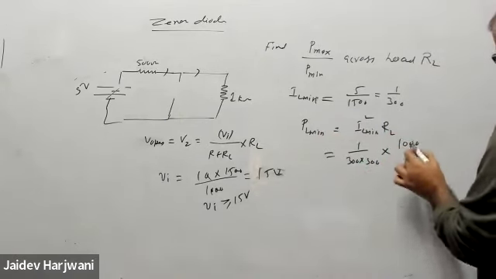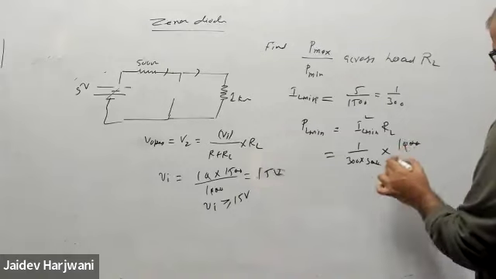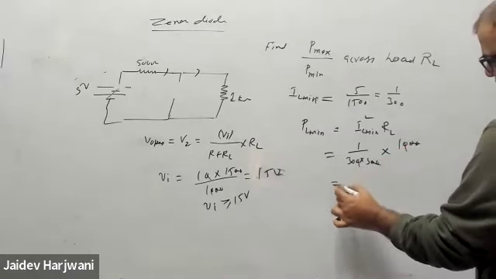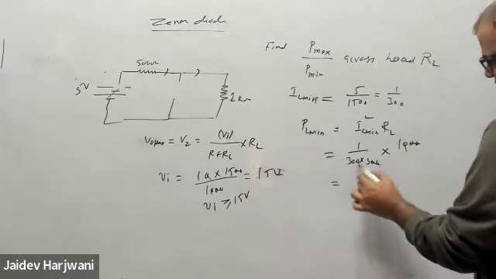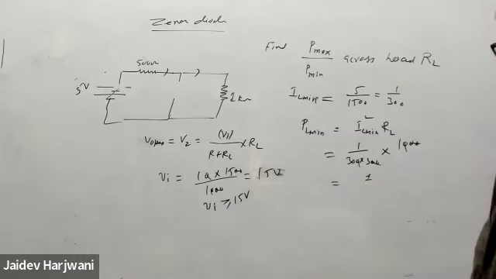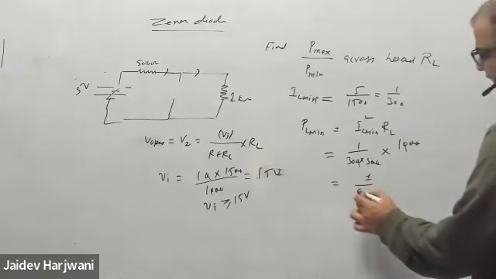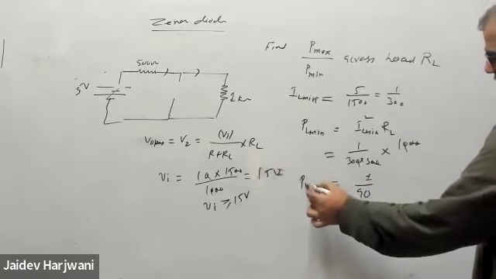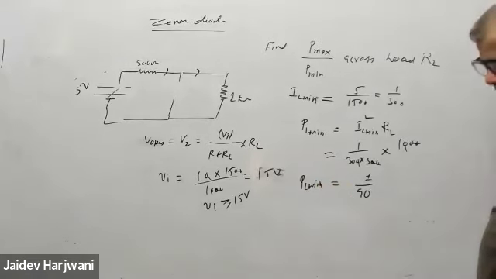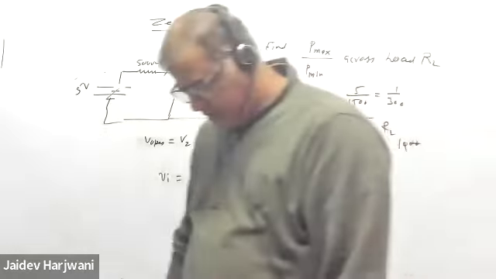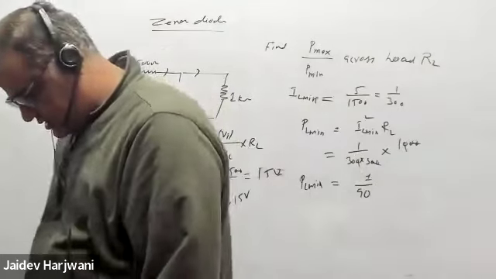So these values cancel out. So how much is it coming? 1 upon... tell me how much is coming? 1 upon 90. Yes, sir, 1 by 90. Sure, or something I'm missing?